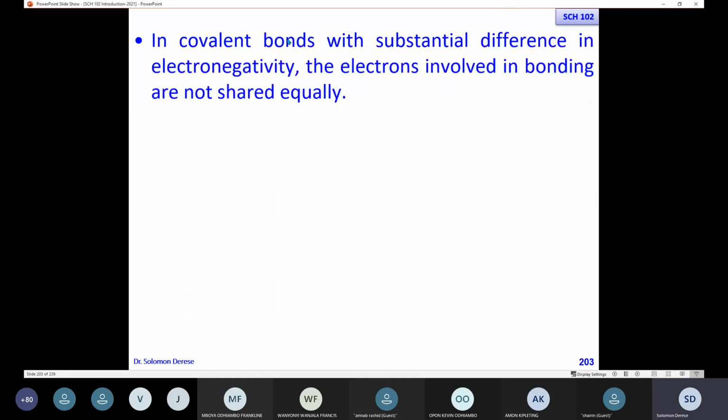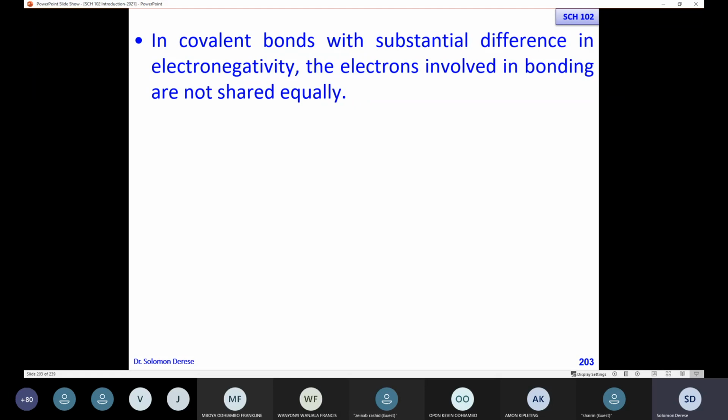So in a covalent bond with substantial difference in electronegativity, the electrons involved in bonding are not shared equally. The most important thing you have to know is that the two atoms involved in the covalent bonding must have a substantial difference in electronegativity for the electrons not to be shared equally.